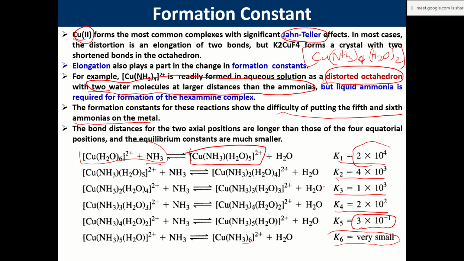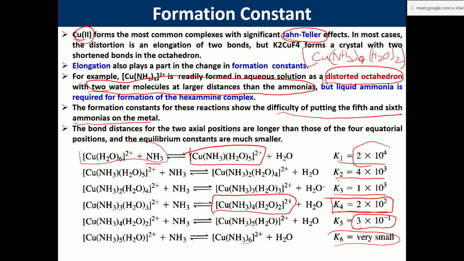So practically, you see only up to Cu(NH3)4, with a positive, high value greater than 1. The number of products is much greater as compared to the reactant side, and it is abundant.